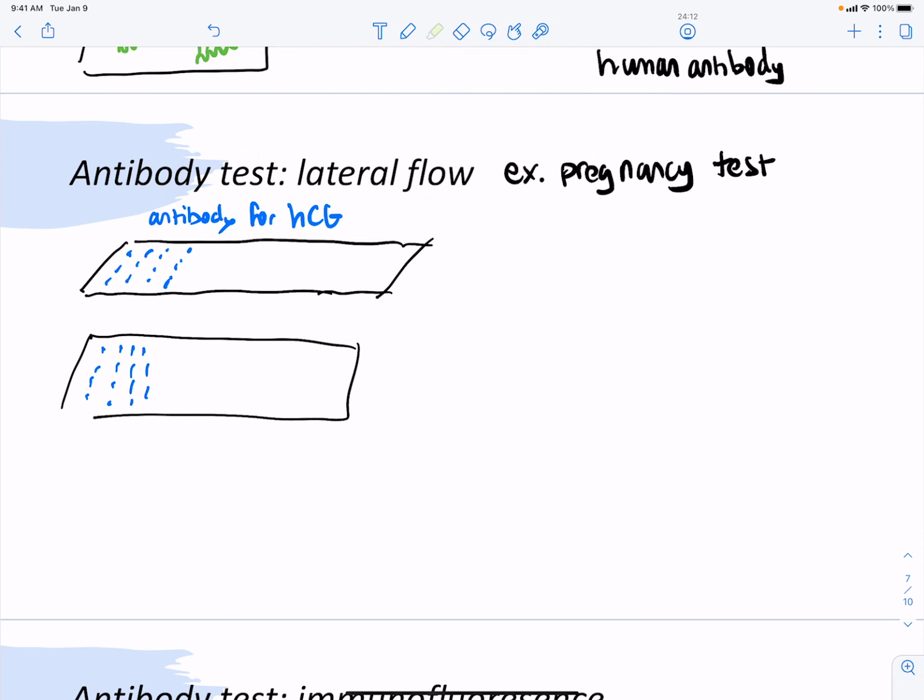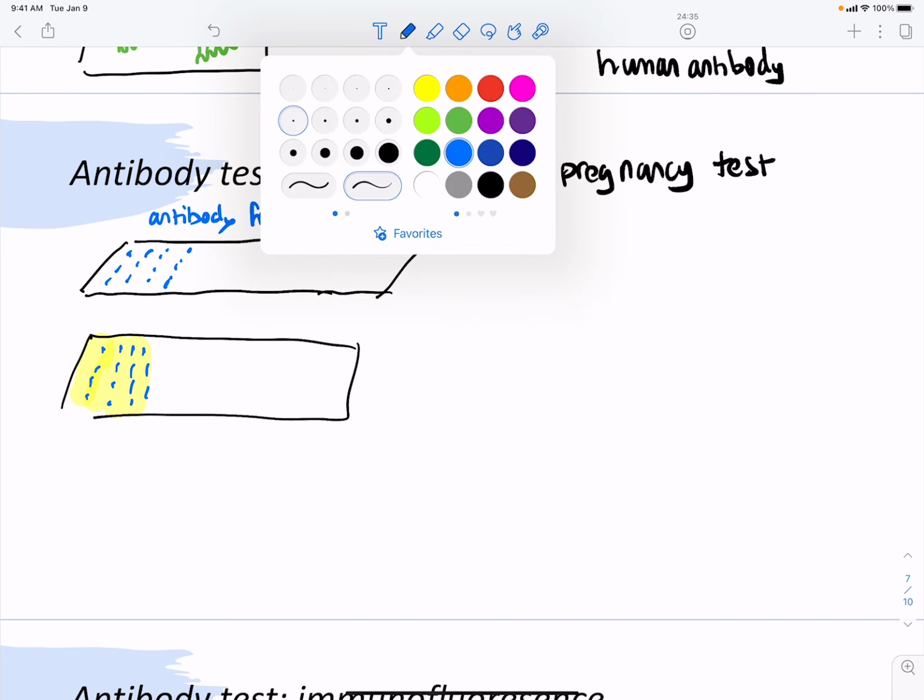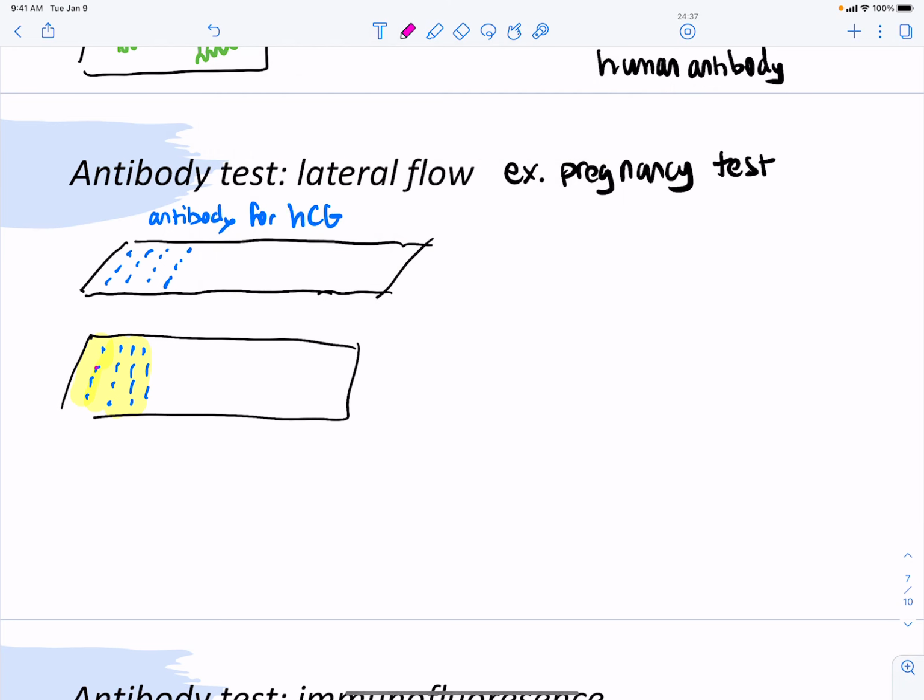And then basically, when the urine mixes with this, if there's any of the hormone present, the hormone is going to bind to the antibody-bead complex. So we'll add the hormone as these pink dots. So here's our hormone. It starts to bind to these beads. And so here's our human hormone.